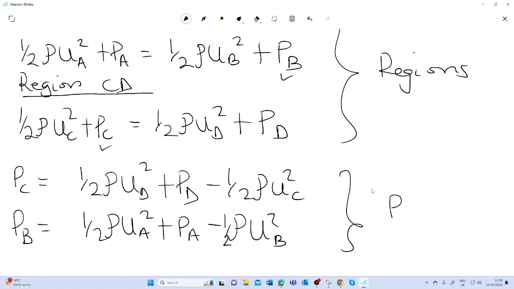And don't let us forget that we should find PC minus PB from this equation.